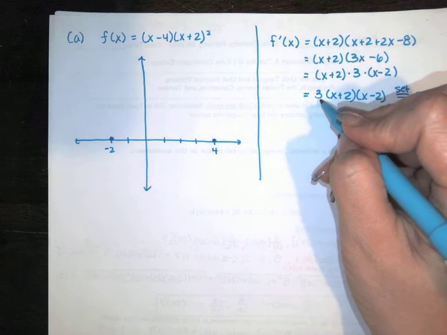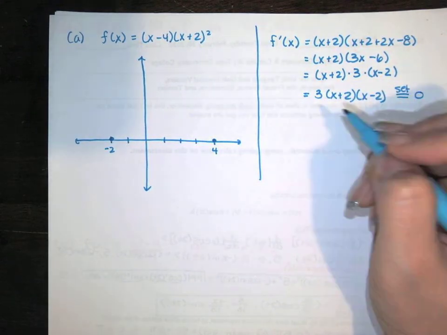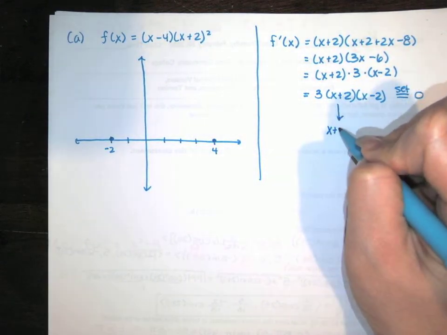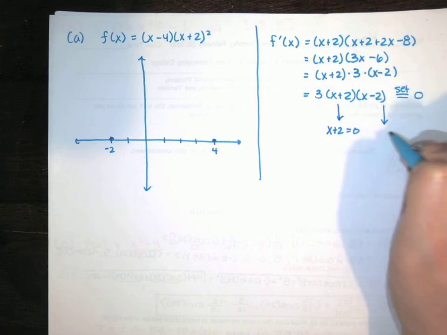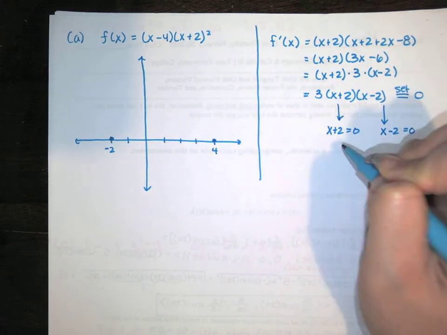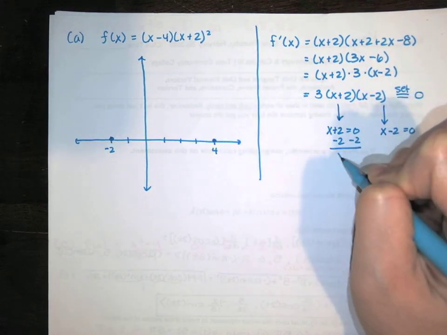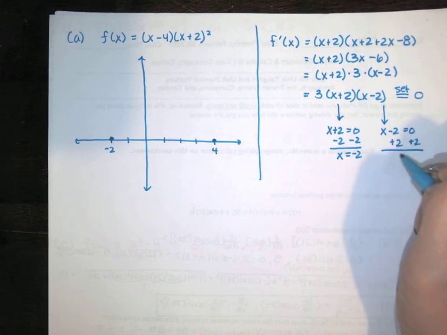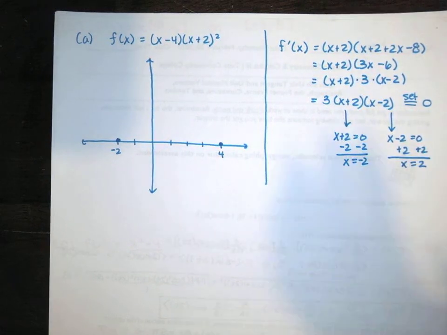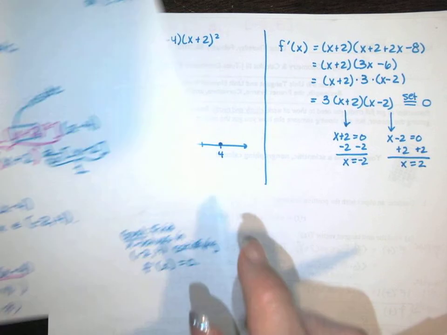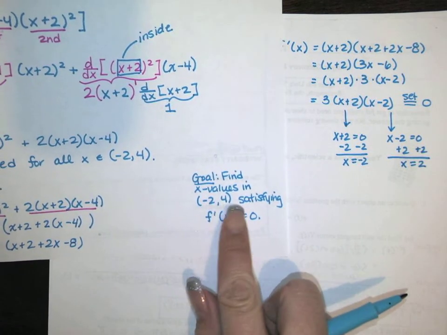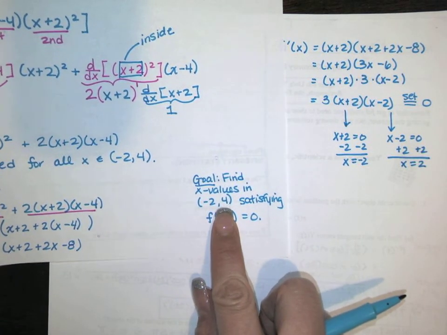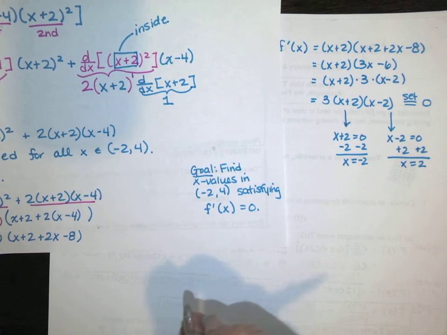So we would set 3 equal to 0, but 3 is never 0. We'll set this factor equal to 0 and that last factor equal to 0 and solve for x. Now, we're looking for x values in the interval from negative 2 to 4 because we're looking for c values.